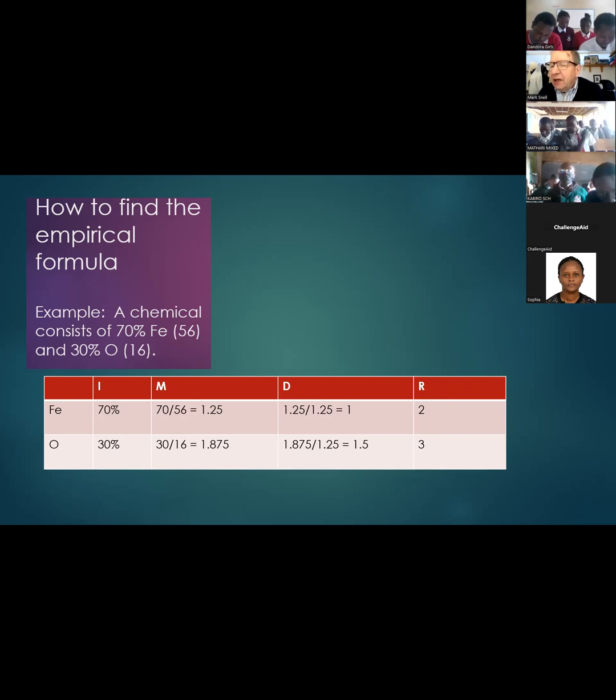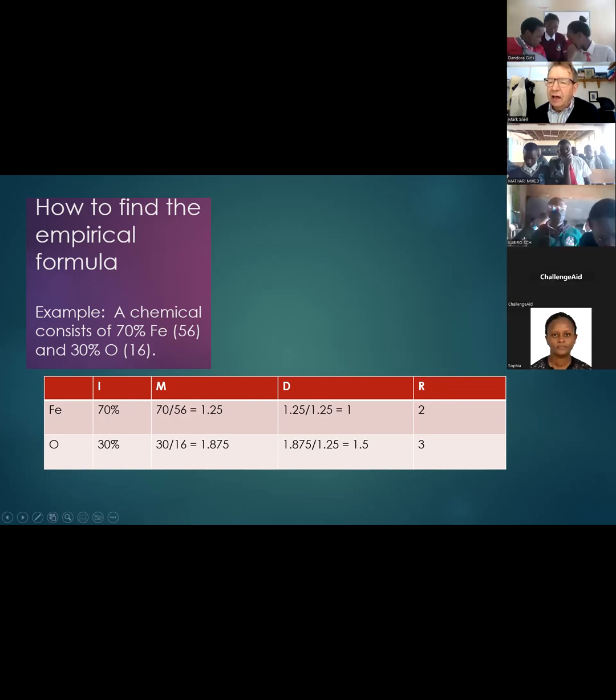This is in grams, so it's grams over relative formula mass, or RAM, because it is a relative atomic mass at the moment. For iron, moles is 70 over 56, and for oxygen, 30 over 16, because those are the RAMs. That gives me 1.25 moles for iron and 1.875 for oxygen.